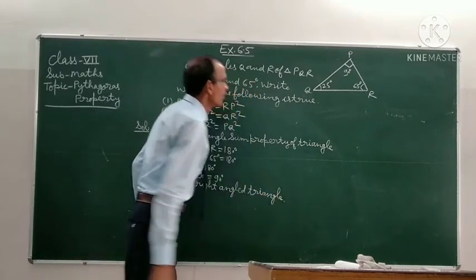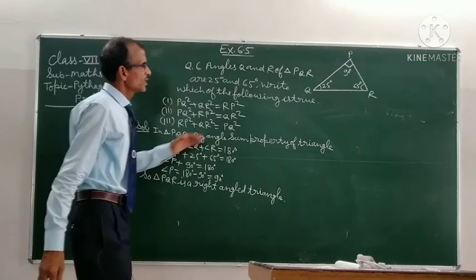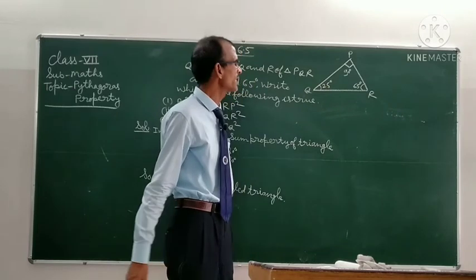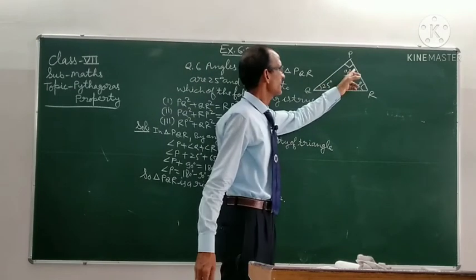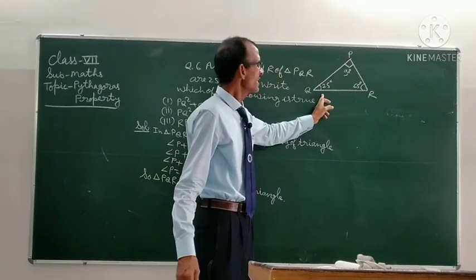Now, in right angle triangle, we know that square of hypotenuse equals the sum of square of remaining two sides. So, side opposite the right angle is QR and QR is hypotenuse.